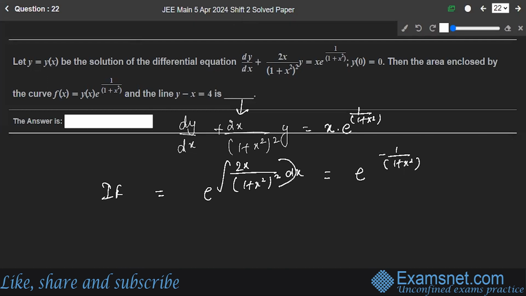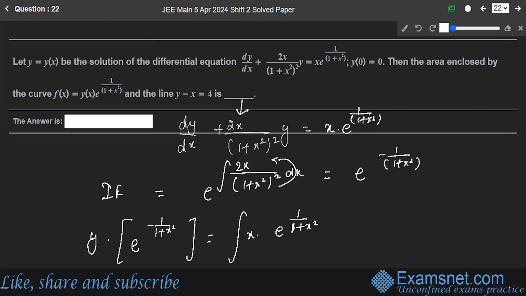Right, because the numerator is the derivative of the denominator. This is your integrating factor. Now the equation will be y into your integrating factor, e raised to power minus 1 upon 1 plus x squared, is equal to the integral of x into the integrating factor.